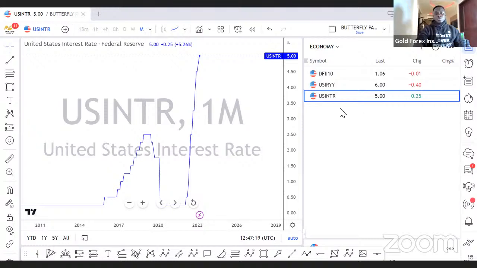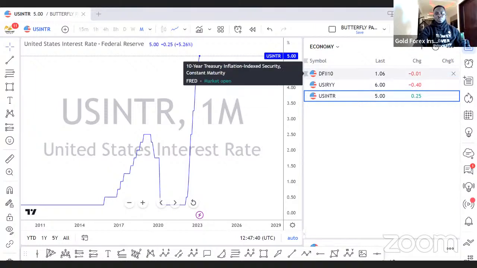So we want to see interest rate go above inflation so that the economy will be restored for the US. So once it gets to that level, then there will be some consolidation until maybe if inflation continues to drop and interest rate goes up, then the economy will boost.